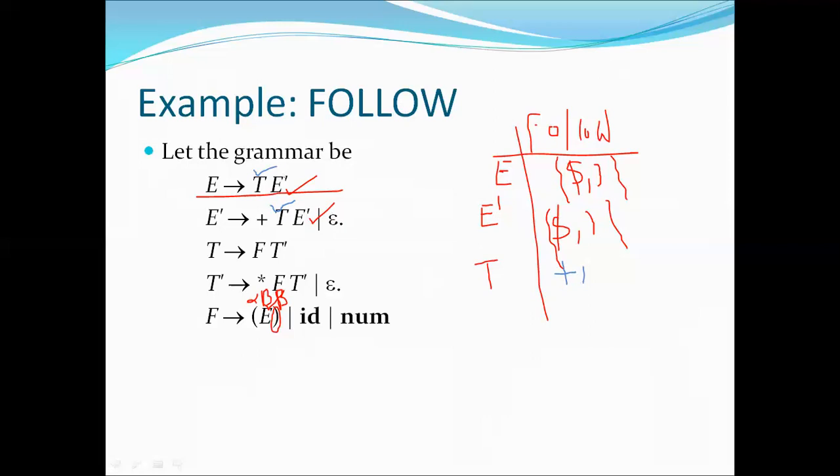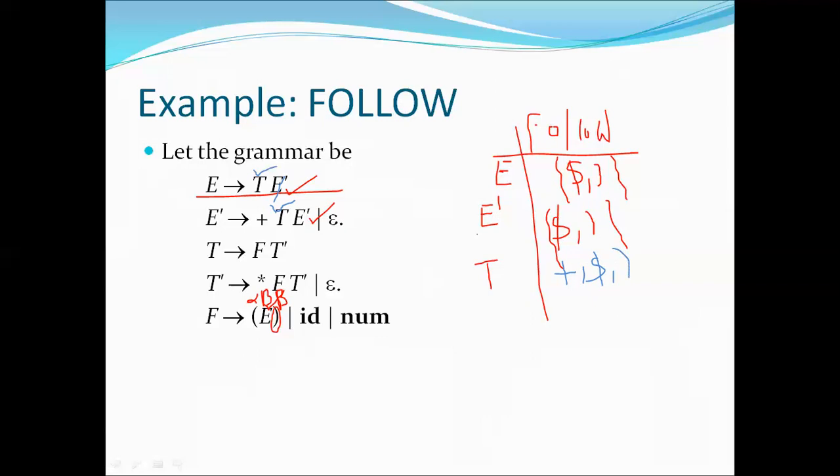While substituting this, this is a null variable, so it will vanish. So T is following nothing here. According to the third rule, if T is following nothing, include the follow of E. What is the follow of E? Dollar and closing bracket. So dollar and closing bracket will be included in T.